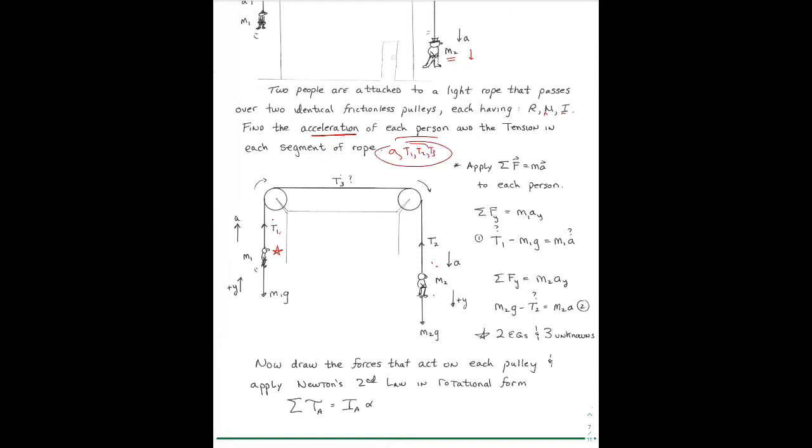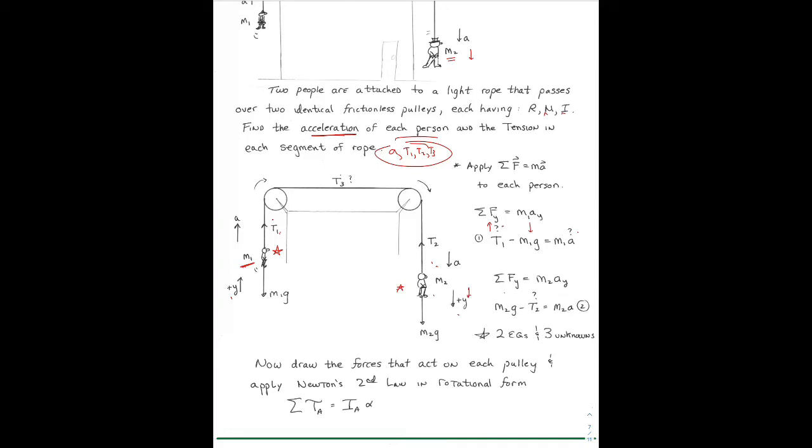So I apply F equal ma to each person. There's my coordinate system for that person, based on the 5-step method. I apply F equal ma to person 1: T1 points up, M1g points down, and that's equal to M1a. So there are 2 unknowns, T1 and a. Then I do F equal ma again for person 2.